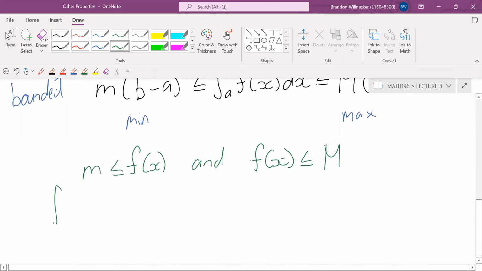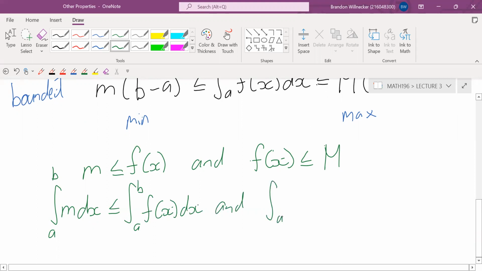In this case, we have the integral from a to b m dx is going to be less than or equal to the integral from a to b of f of x dx. And the integral from a to b f of x dx is less than or equal to the integral from a to b capital M dx.